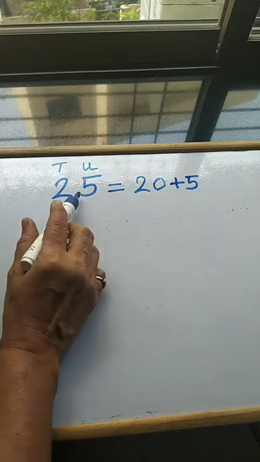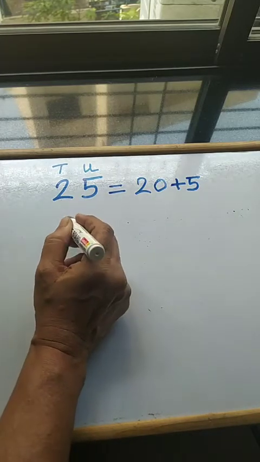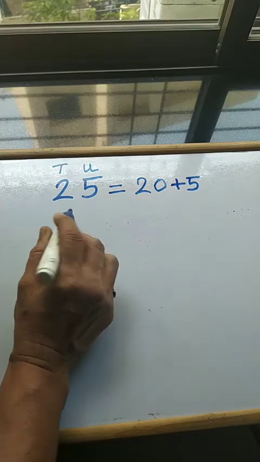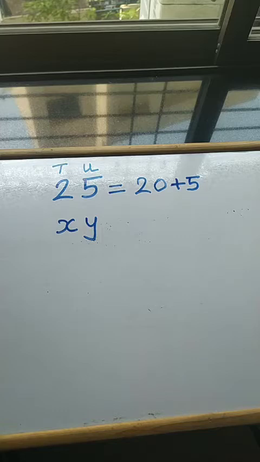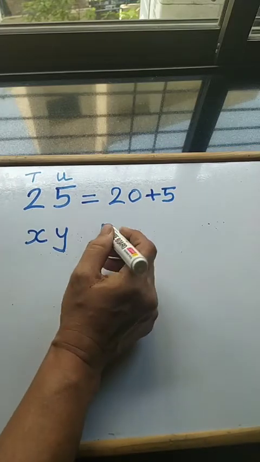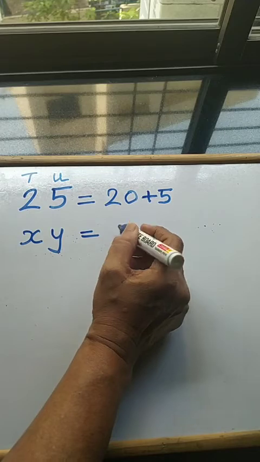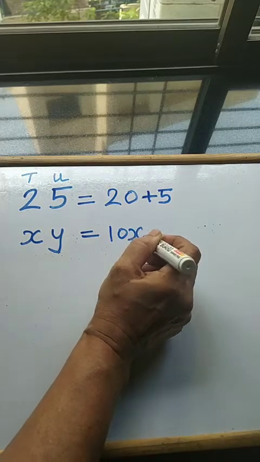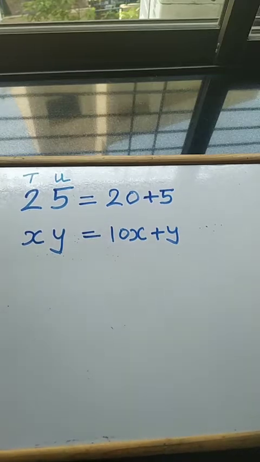Now instead of number 25, supposing you have two variables, x in place of 2 and y in place of 5. Now how do we write this number in expanded form? Because x is in the tens place, we will write it as 10x plus y. Very simple.